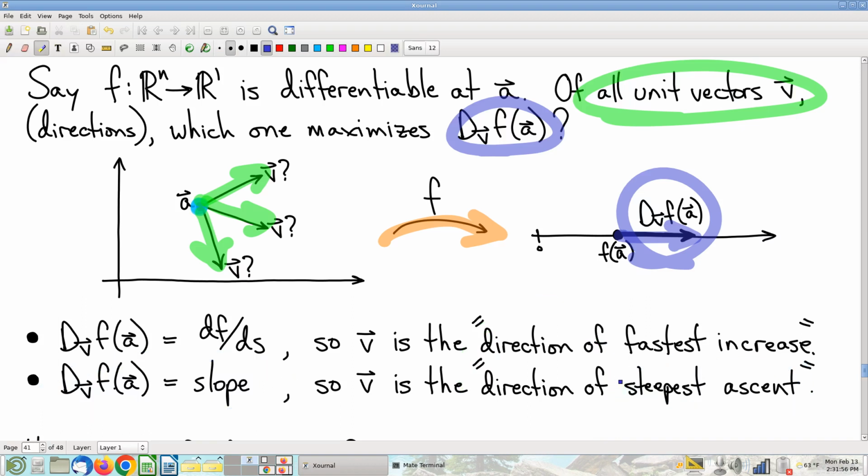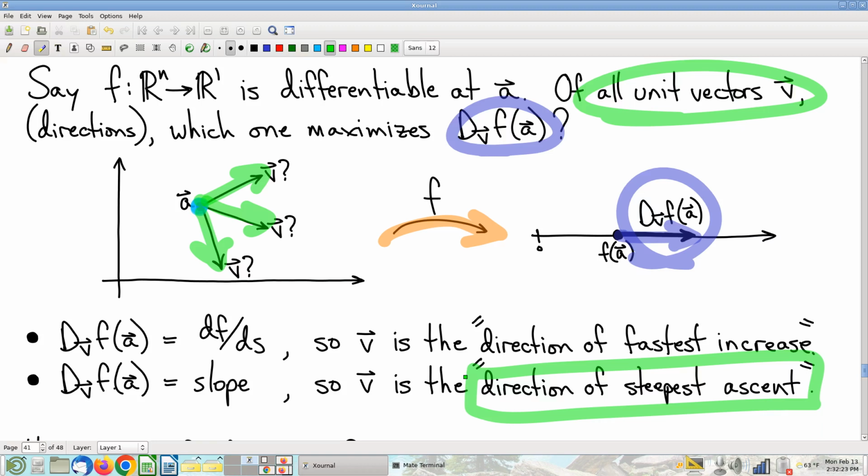For whatever it's worth, the more common term here is direction of steepest ascent, and I don't prefer that one. The problem with this term is it refers to a metaphor, a way of viewing things that might not be accessible. What if you have a function of 3 variables?